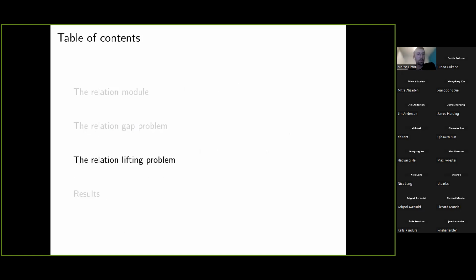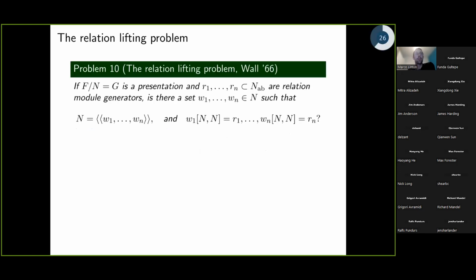So next I'm going to talk about the relation lifting problem. This is a slightly more precise version of the relation gap problem. And this one was actually asked by Wall in '66, or rather an equivalent problem; I'll explain why it's equivalent in a second. But essentially, this question was asked by Wall. So what's the question?